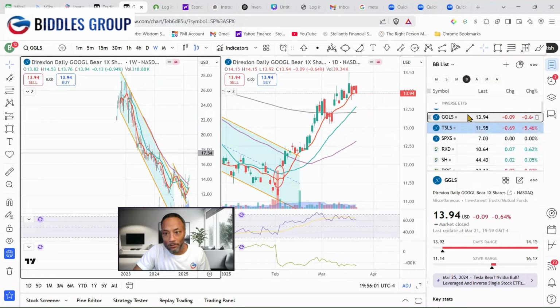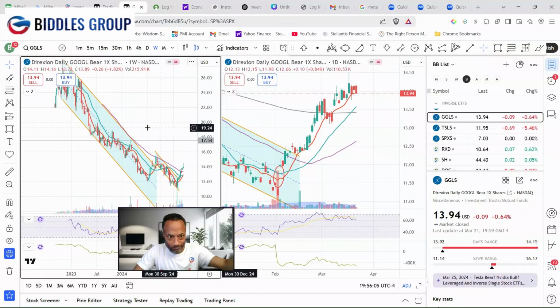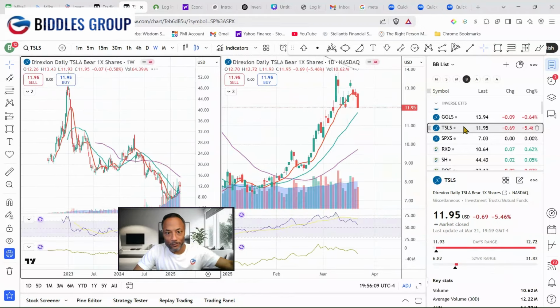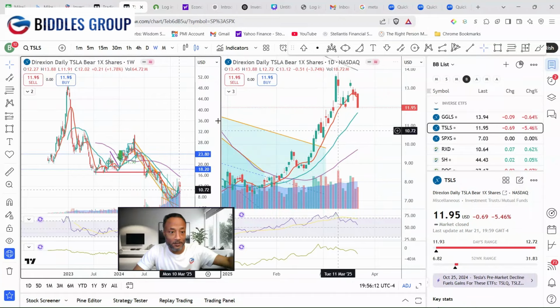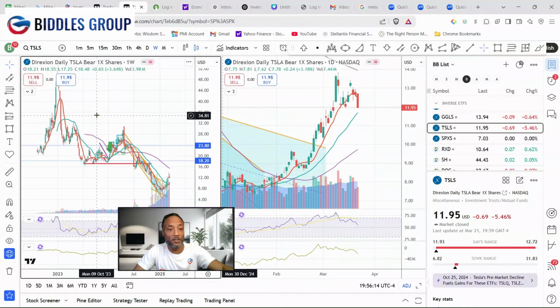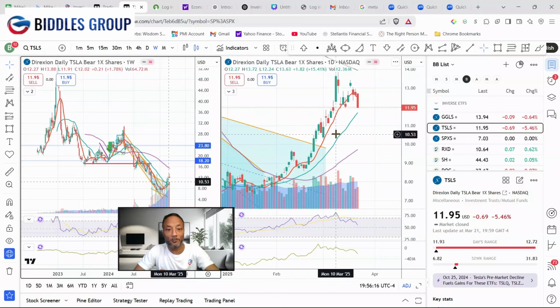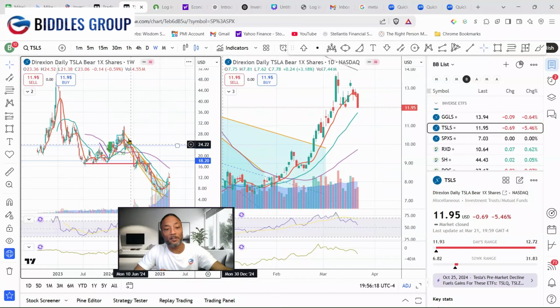This is Google, one time bear. You can see it's down. This is Tesla bear. This is the weekly over here. This is the daily over here. You can see historically, these things are not meant to be held long term. They're not meant for that.